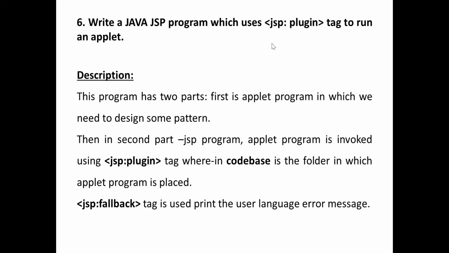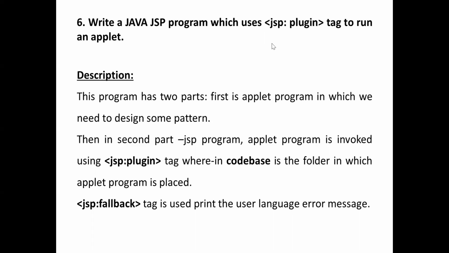In that case, the Java server page containing an applet program, we have to invoke by using the tag, that is a JSP plugin tag. And we can mention the code base, type, width and height of the program. So we have to write in one folder in which the applet program is placed. So this is the main concept.